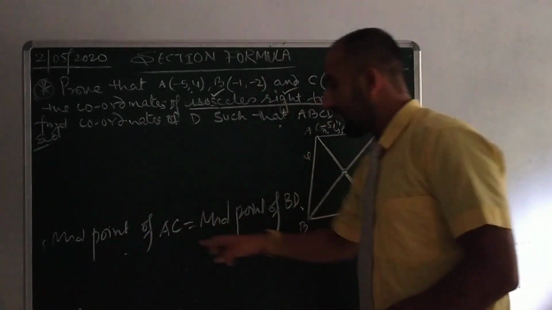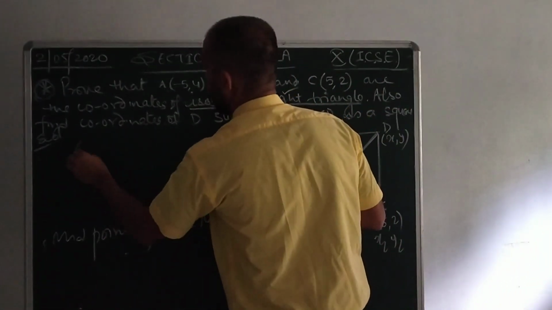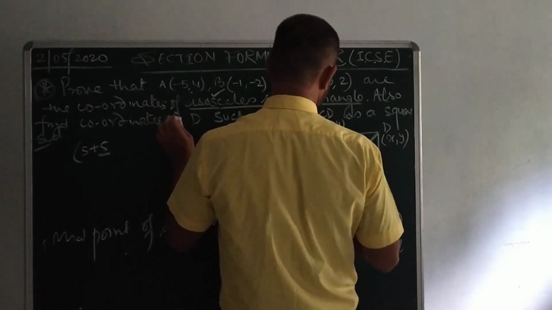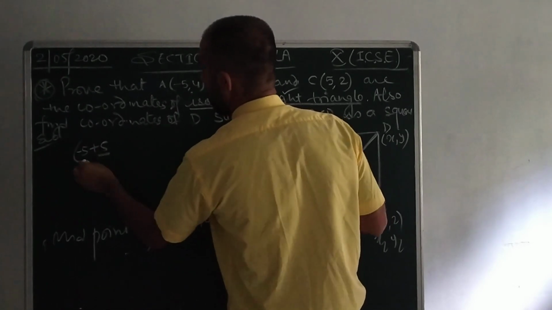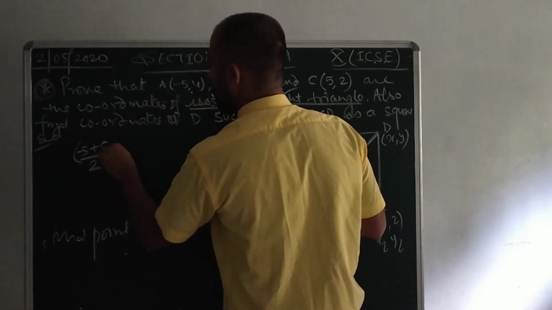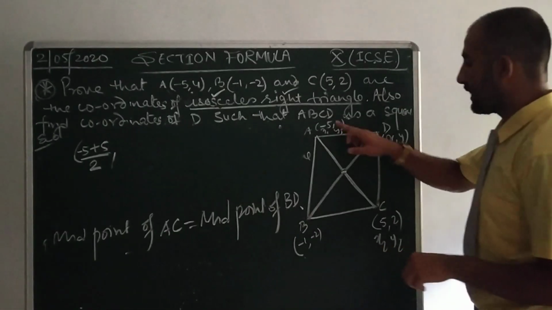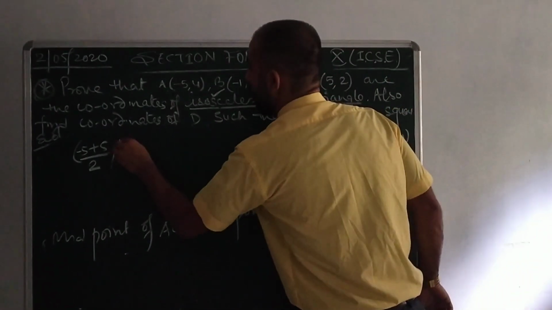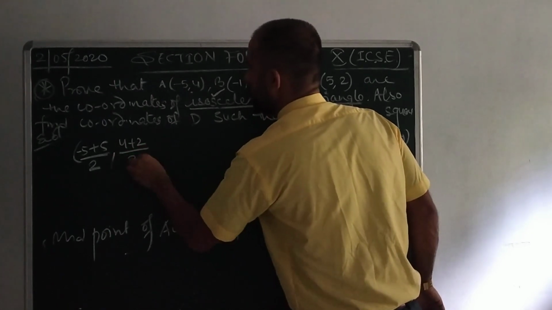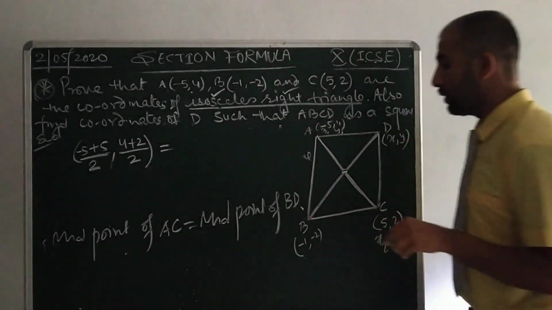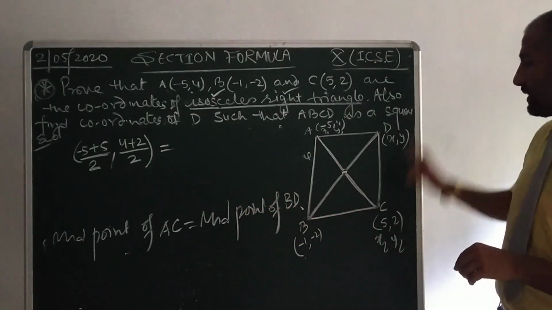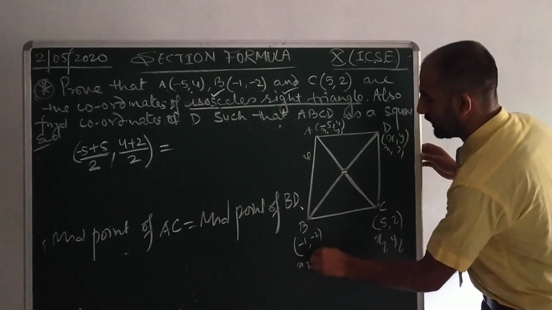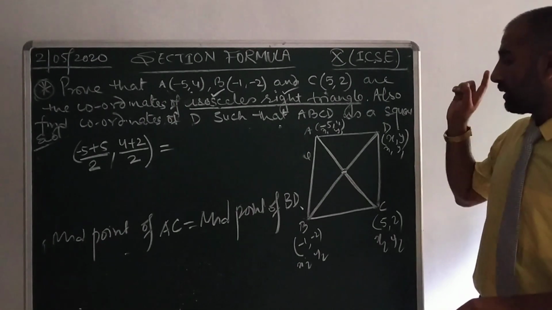So the midpoint of AC is minus 5 plus 5 divided by 2, and similarly y1 plus y2, that is 4 plus 2 by 2, which will be equal to the midpoint of BD.